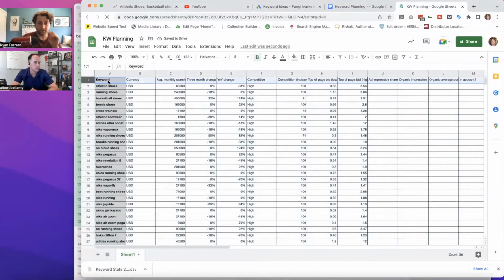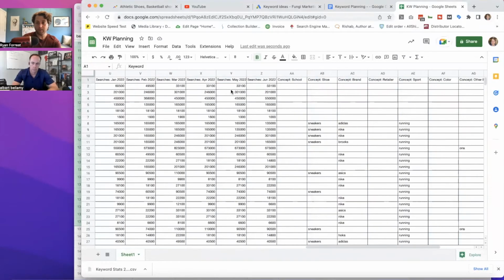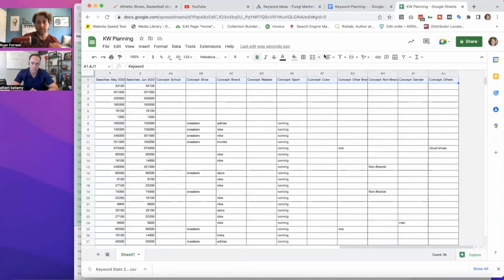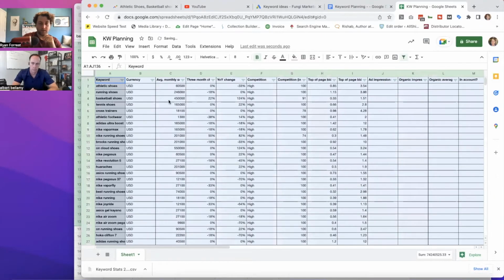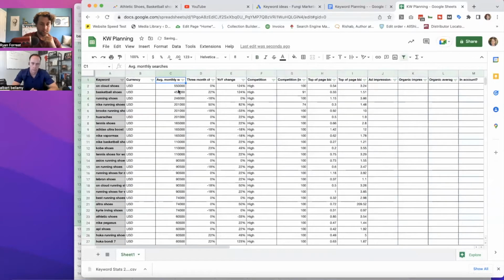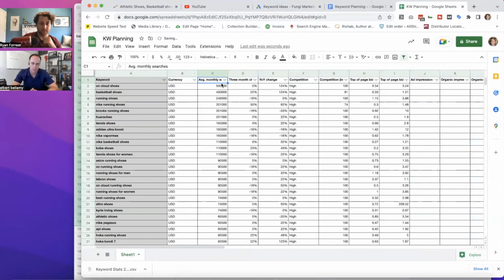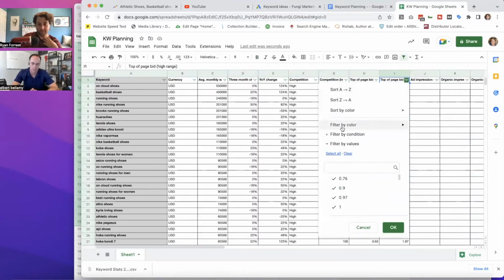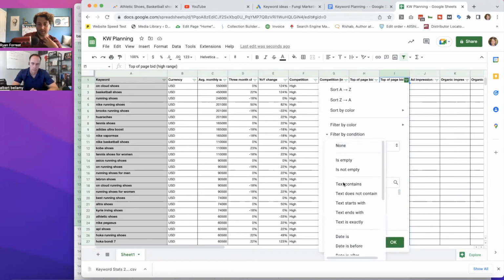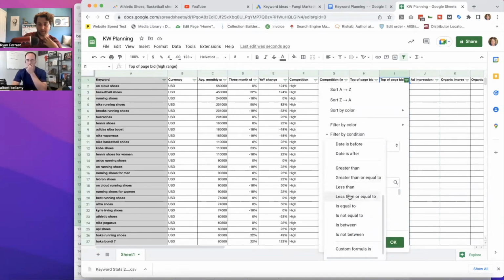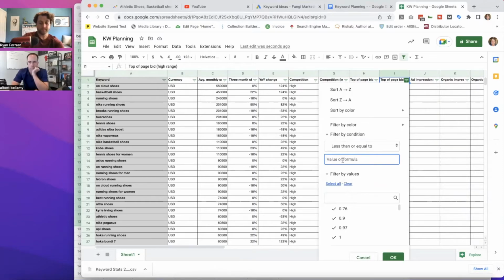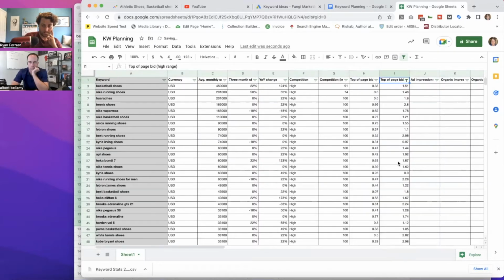Then you can filter this top row. I might sort by the highest to lowest search volume, and as an example, maybe I only want my top of page bid to be less than or equal to, let's say, $3.